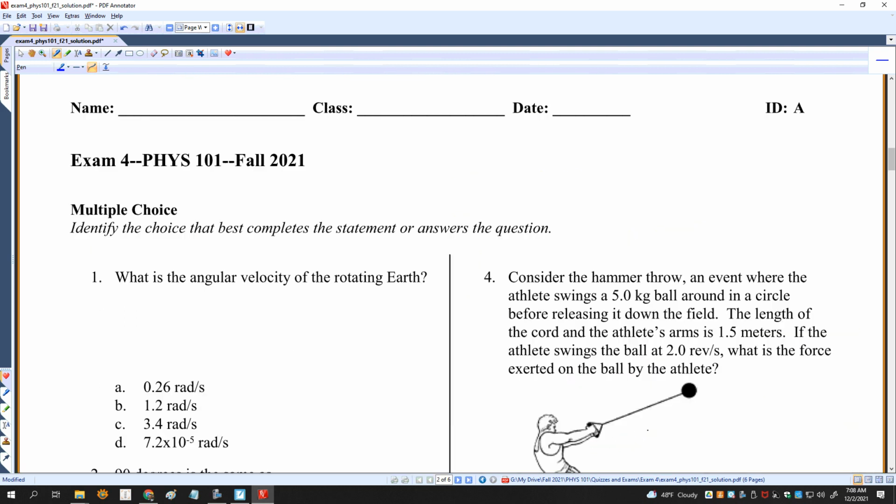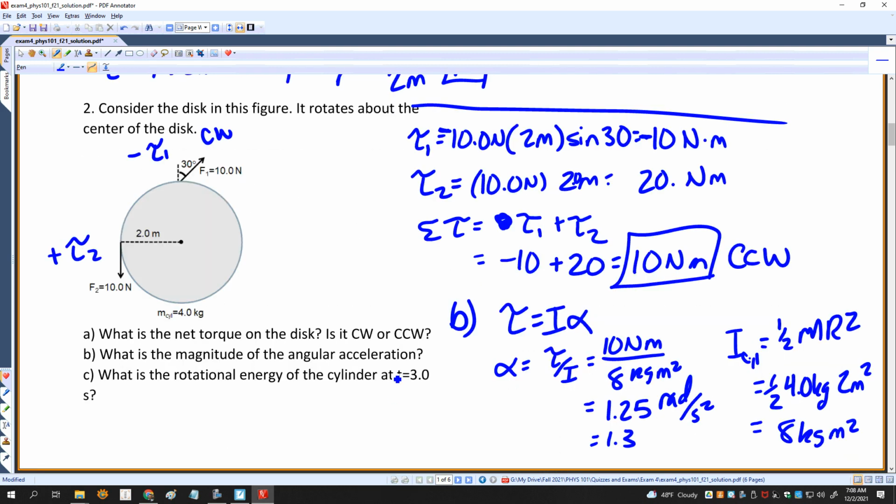And then what is the rotational energy? I'll do it right here. So to find the rotational energy, we need to know omega. So I can find omega naught plus alpha t. That's going to be 0 plus my new alpha that I found, which is 1.3 times 3 seconds. That's 3.9 radians per second.